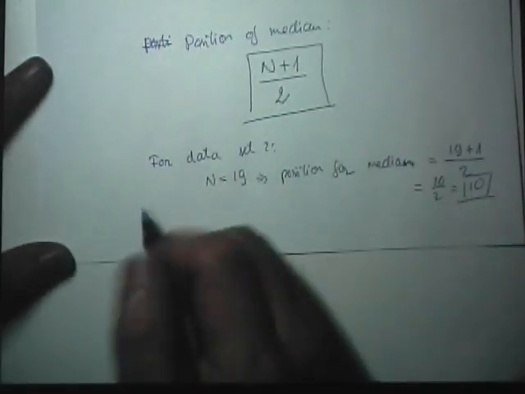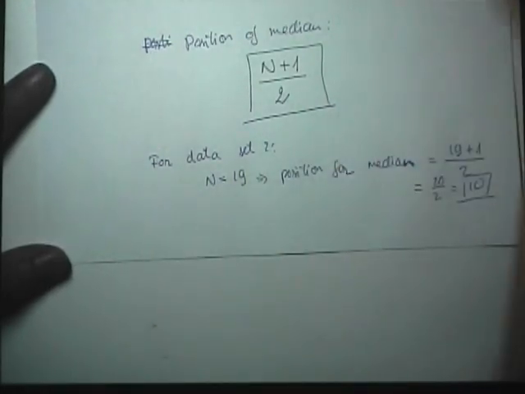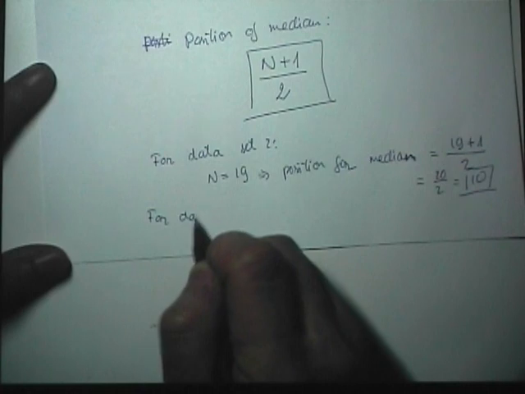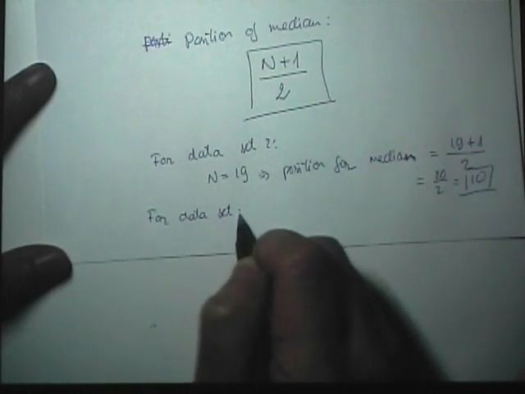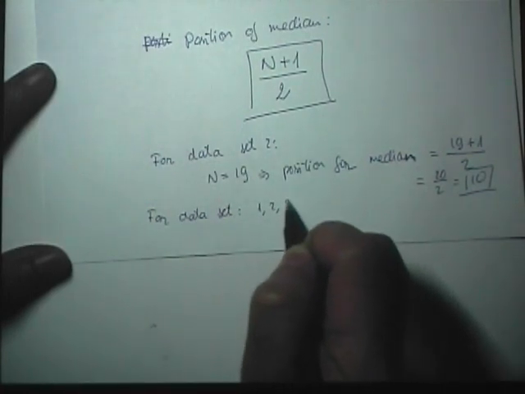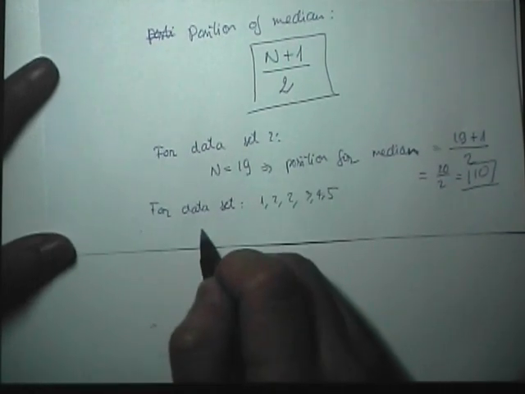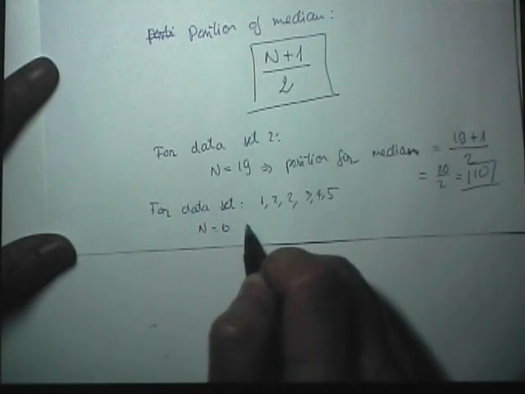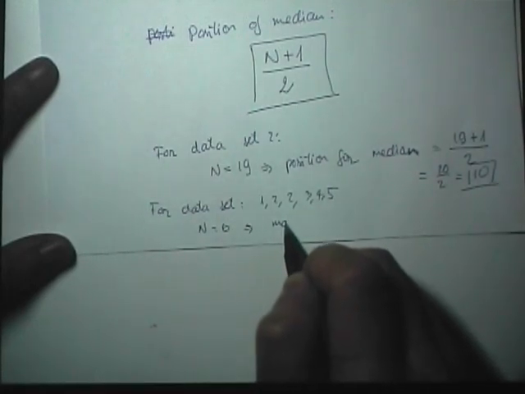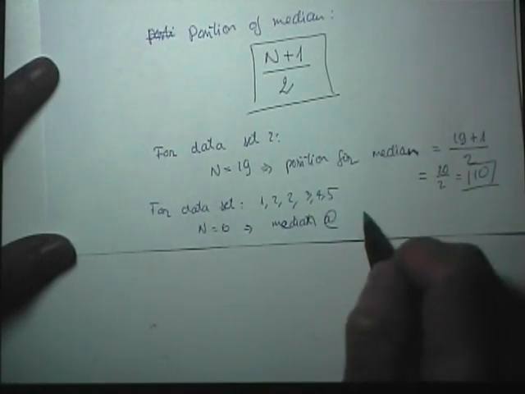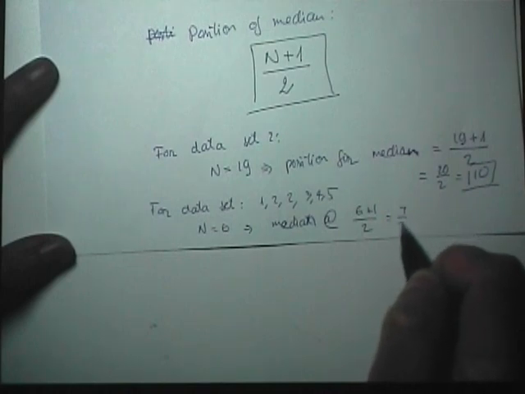Now, if you look quickly at the data set that's 1, 2, 2, and then 3, 4, and 5, there are 6 of them, so n equals 6, and the position of the median is 6 plus 1, divided by 2, so that's 7 divided by 2, that's 3.5.